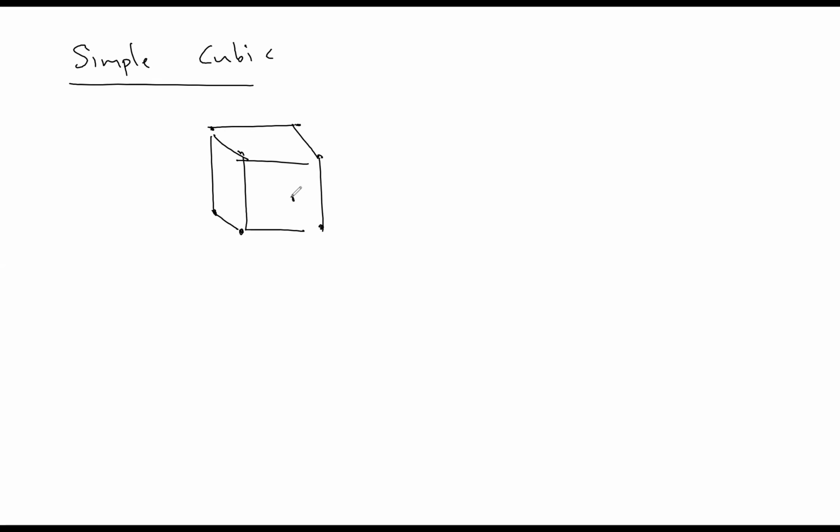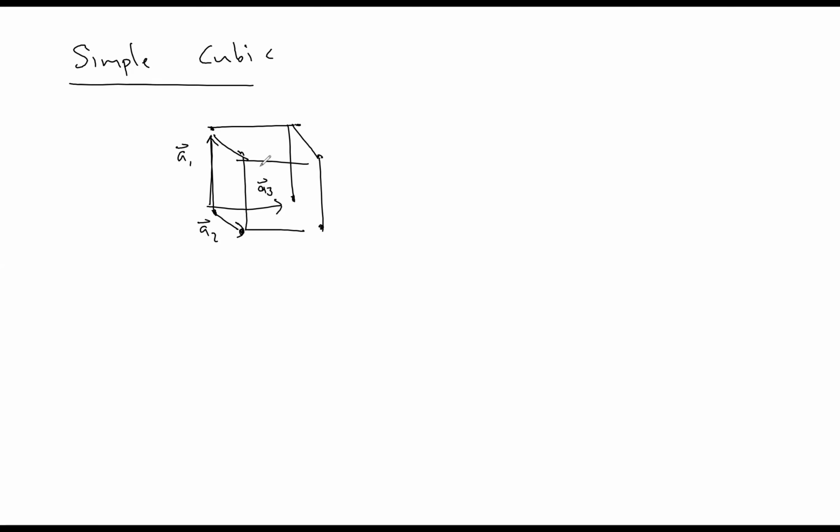The first 3-dimensional Bravais lattice that we should talk about is simple cubic. Not surprisingly, it looks like a cube. A common choice of lattice vectors are these, A1, A2, and A3.